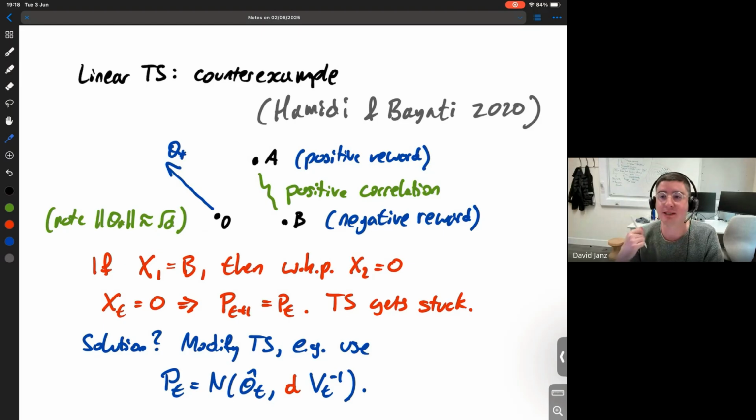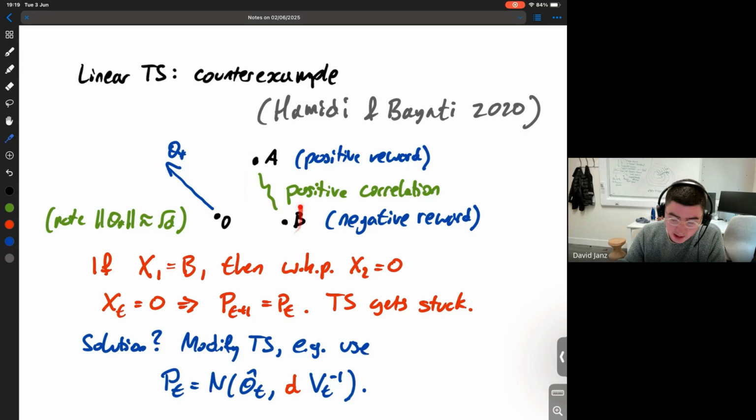Most of the directions are just empty space. And in particular, if you picked a random direction, for any direction here, here, and so on, the optimal action is 0. So what happens is, if in the first turn you pick B, you get a negative reward, and you update your model.